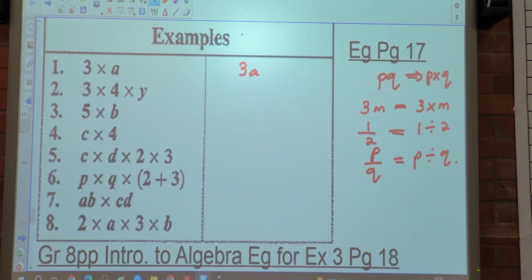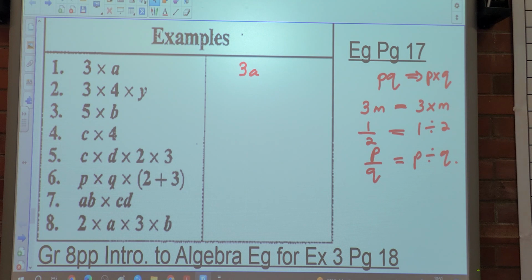So let's look at number 2. Write that down quickly: 3 times 4 times y. You do it in your books. 3 multiplied by 4 multiplied by y.